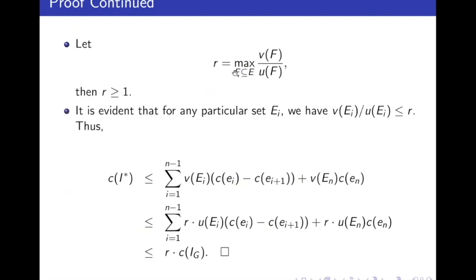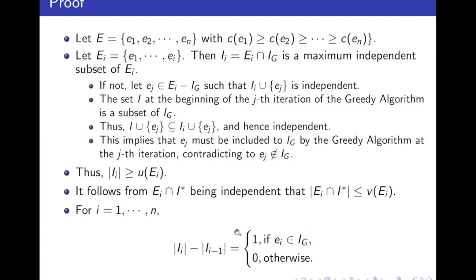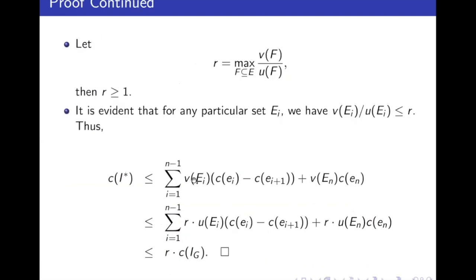So now we let this ratio that we're going to get, V of F, which is the maximum size of independent sets of F, be the minimum over all F. So that is R. Since this is for all F, for a particular F, which is E_i, because this is the minimum, this ratio cannot be greater than R. So we know this is less than or equal to V of E_i, and then V of E_i is less than or equal to R times U of E_i.